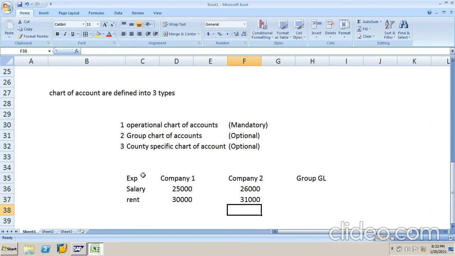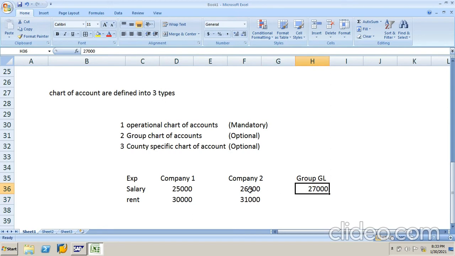So if you want to go for company code 2 salary, you have to go for the 26,000 GL. Group GL means I am creating 27,000 GL for the group reporting. Group, you can see both company code 1 salary details and company code 2, both you can see in group GL. So these in rare cases only we can use these kind of chart of accounts.